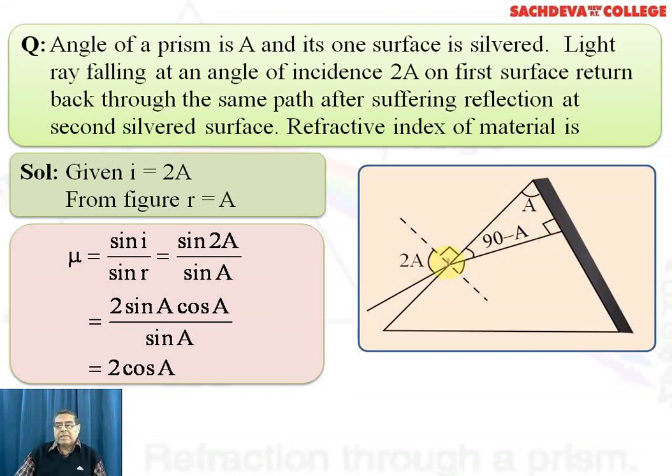Now, the angle of incidence is shown between the dotted line and the incident ray of light, which is found to be 2A.